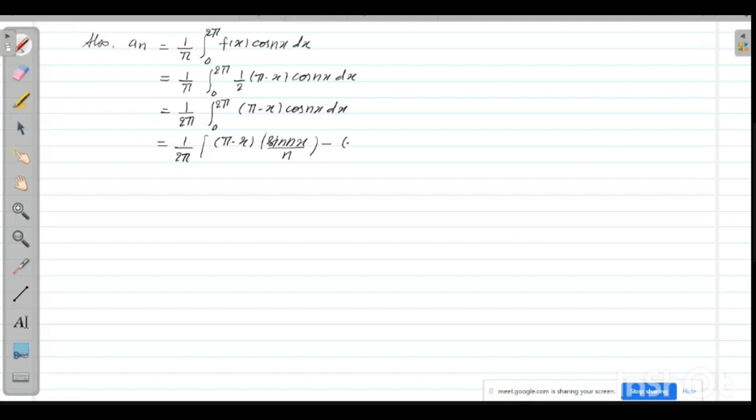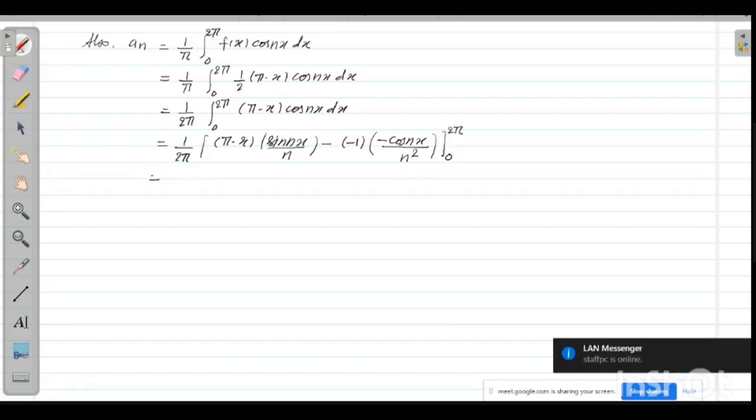So here minus 1, and integration of sine nx by n is minus cos nx, divided by n, but n is already here, so this becomes n square. Now close the brackets. Don't forget to close the bracket, because there is a minus sign, so this becomes dangerous. Now put limit 0 to 2 pi.